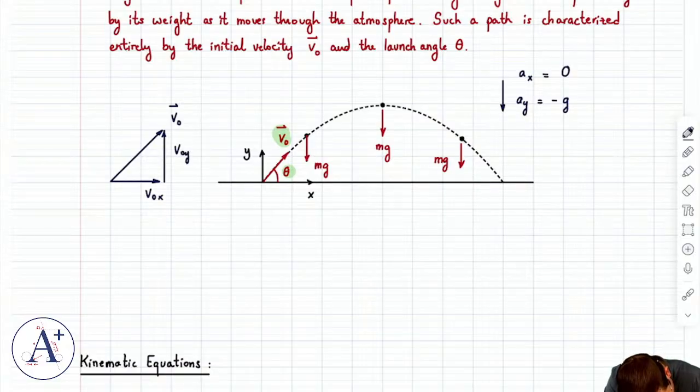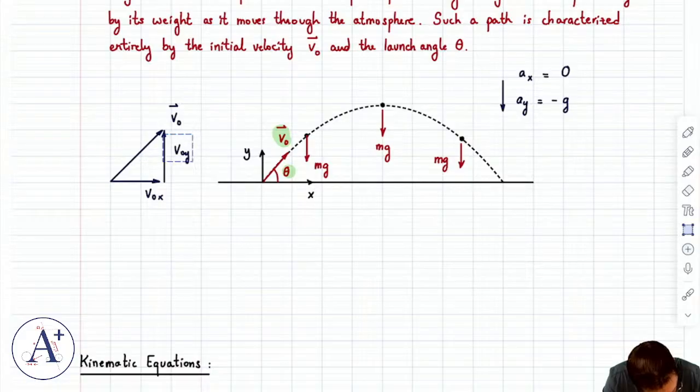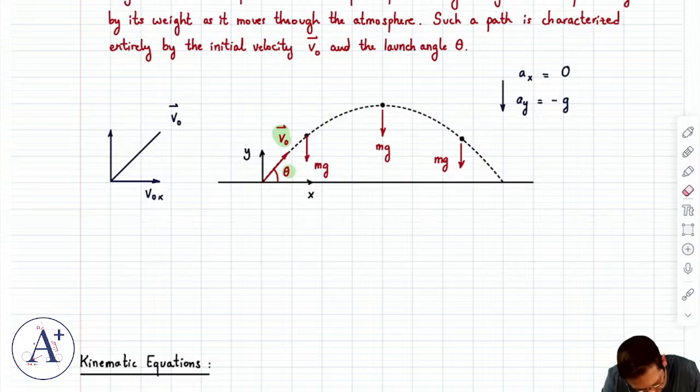v naught y. Now sometimes what we'll do is we'll draw v naught y over here. We'll draw it over here. Makes no difference, so you can draw it like this, or you can put v naught y here, it doesn't matter.